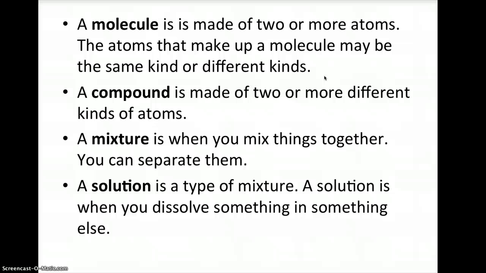A compound is made of two or more different kinds of atoms. A mixture is when you mix things together. You can always separate a mixture. A solution is a type of mixture. A solution is when you dissolve something in something else. Keyword there, dissolve, for solution.